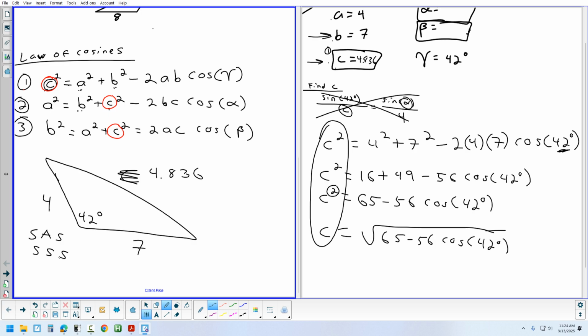Or you could think of it as side, side, angle. Either way, could you use law of sines to finish it? If we think of it as side, side, angle, this one falls under law of sines. But what do we know about side, side, angle? We could have two solutions.